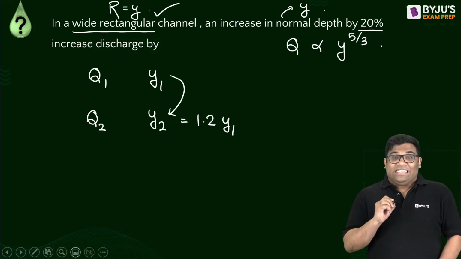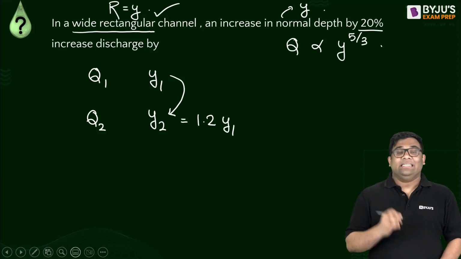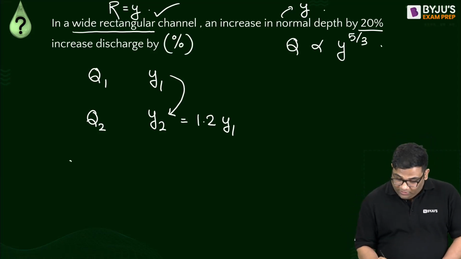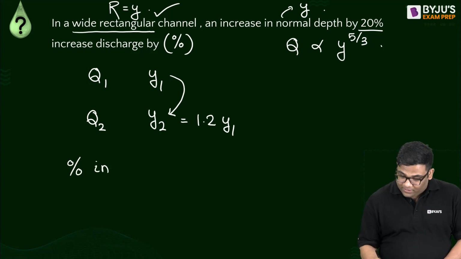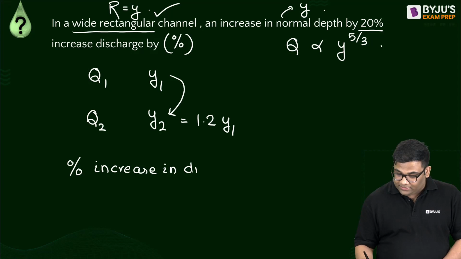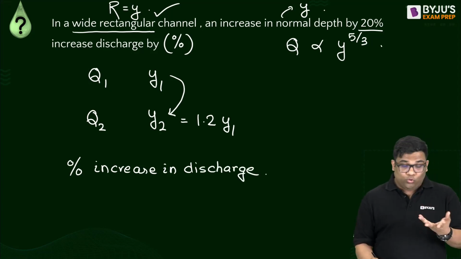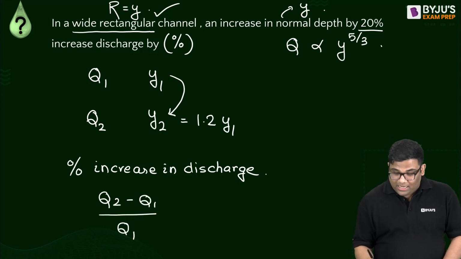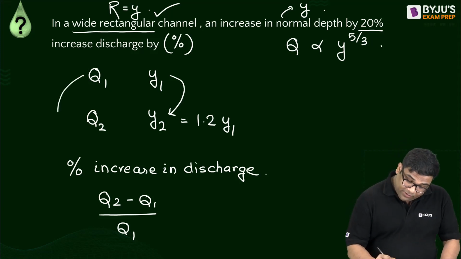Now what is asked? The percentage increase in discharge. See, discharge was initially Q1. It increased to Q2. So the percentage increase will be Q2 minus Q1 divided by Q1 only, because it is changing from Q1 to Q2.